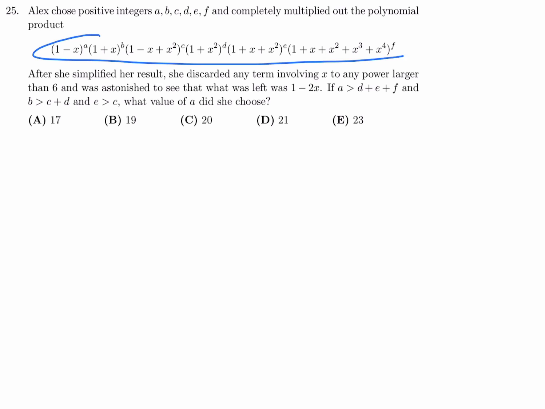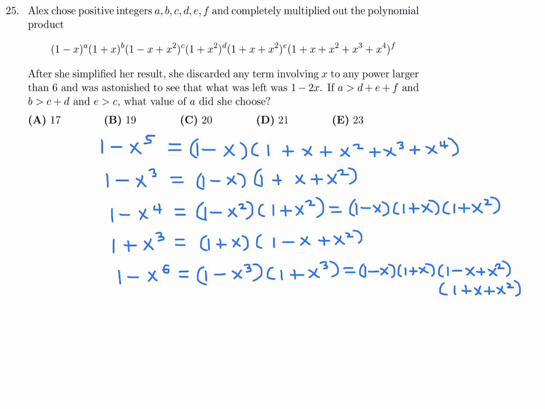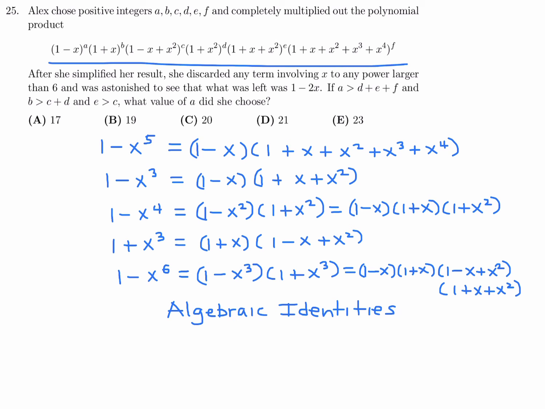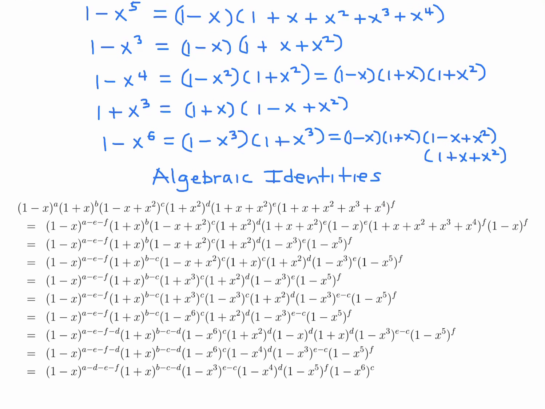The first thing in this question is to try to simplify this, and we do that by noticing that there are certain algebraic identities that we can utilize. And these algebraic identities are used to simplify this into a slightly better form as follows.